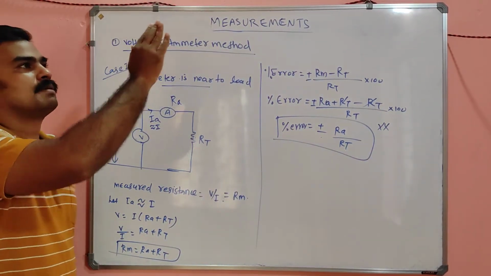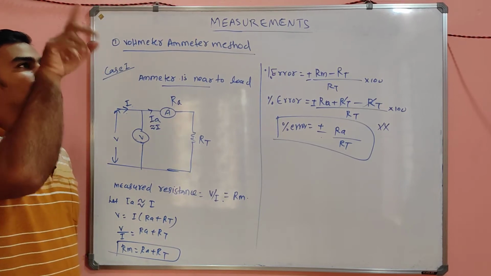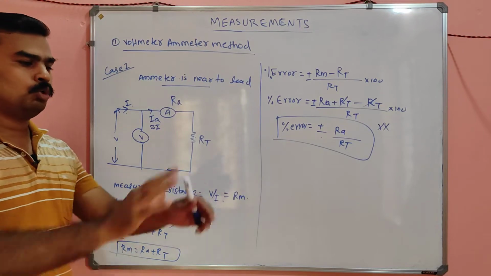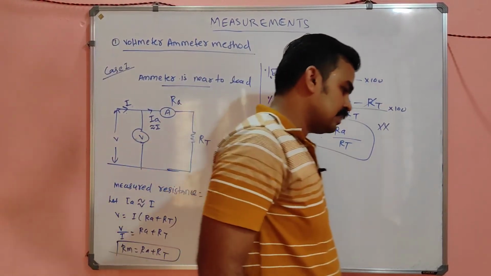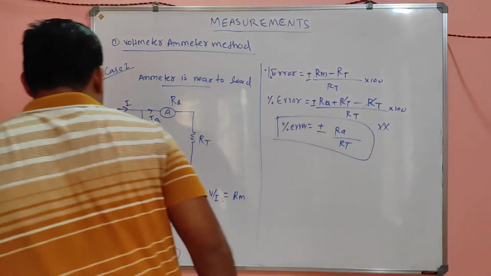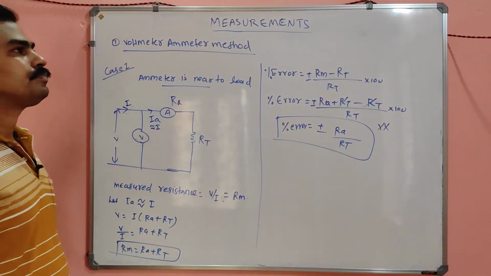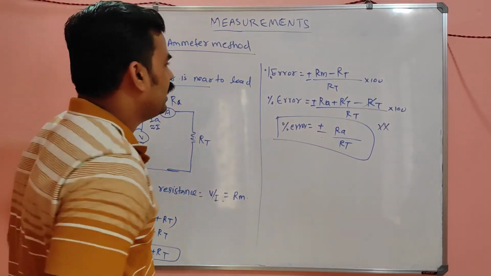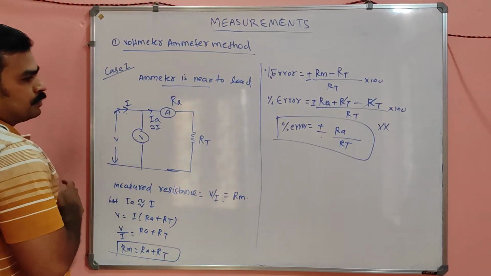If the ammeter is near to the load, then the error is plus or minus RA by RT, where RA is the ammeter resistance and RT is the true resistance. This much error will be there in the measurement. Is it clear, my dears? Okay. Next, case 2.